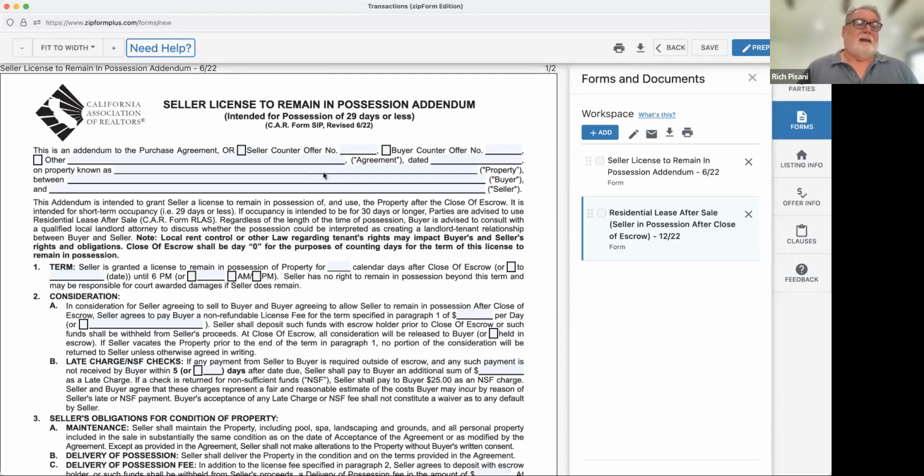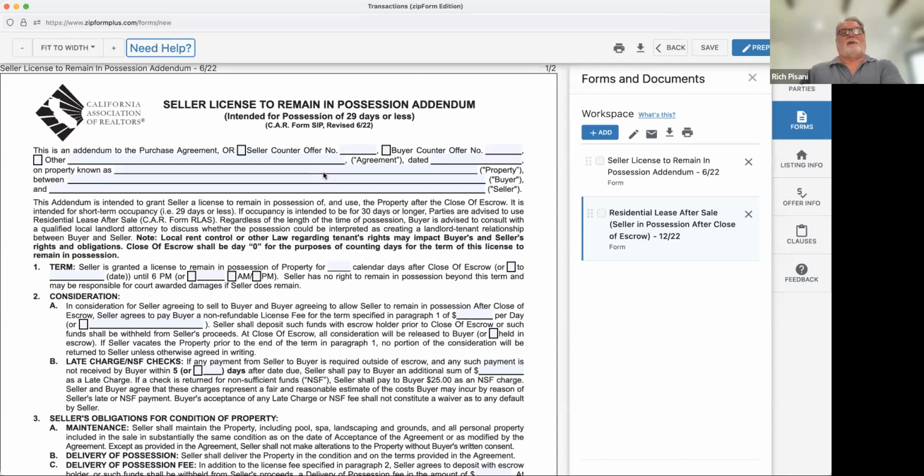So this is an addendum to the purchase agreement, which is default, or it could be added in a seller counter, or in a buyer counter. Wherever this document is being added, that's what it is an addendum to.